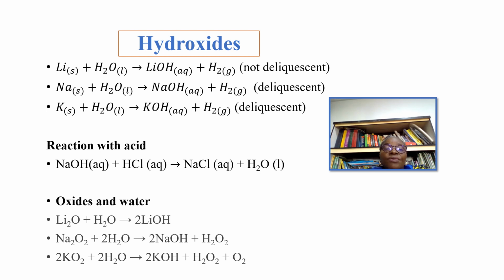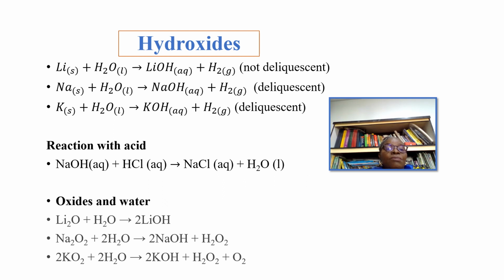Reaction with water to form hydroxides. Alkali metals react with water to form basic hydroxides and liberate hydrogen. The reaction of the metal is exothermic, and the enthalpy increases from lithium to cesium. Alkali metals float on the water during the reaction. The group 1 metals react with water to form hydroxide and hydrogen gas.